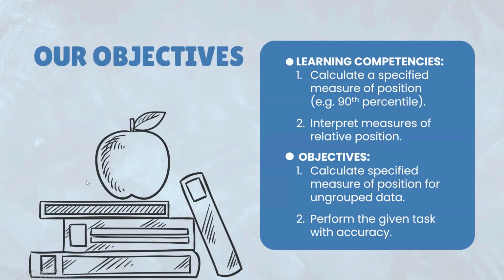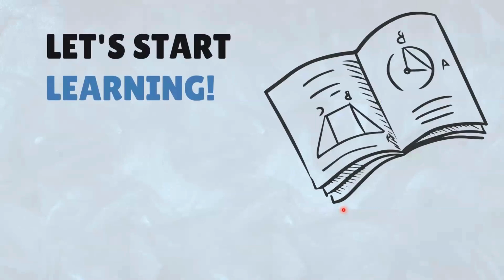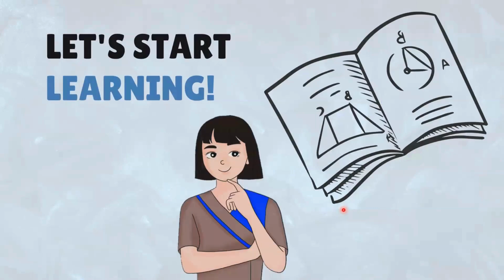By the way, when we talk about ungrouped data, our scores or values in our dataset are not classified using any grouping scheme, meaning whatever values or scores we gather, we list it, and that's the data that we will process. Okay? So, are you now ready? Let's start learning.